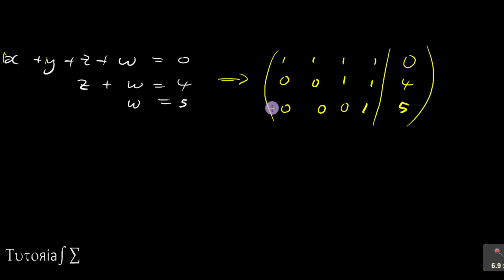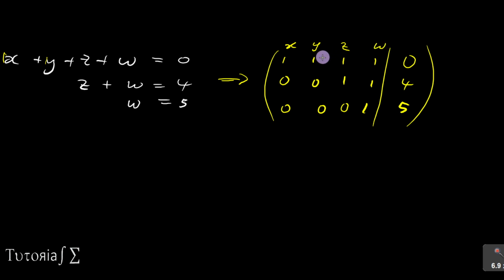Is this an upper triangular matrix? Yes, it is. So we have values like that. Now you need to identify the free variable. This column is for x, this is y, this is z, and that is w.